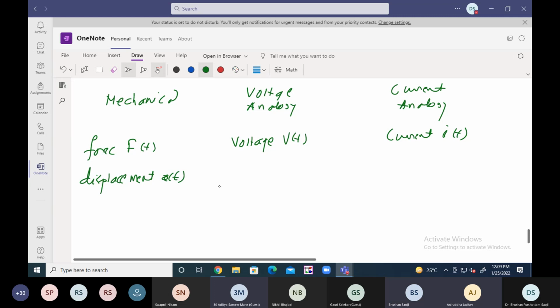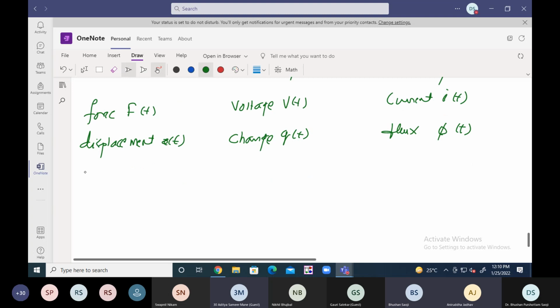Okay. Here the charge q of t, and here the flux phi of t.